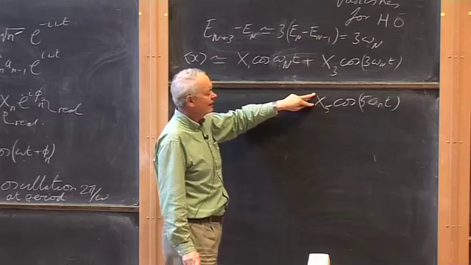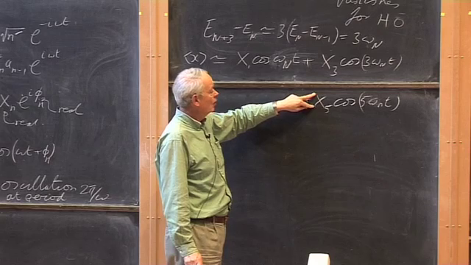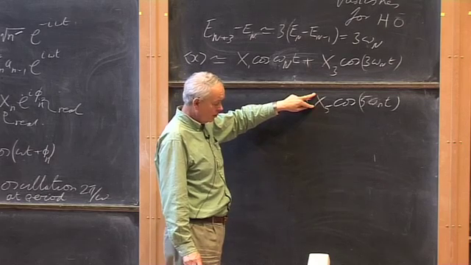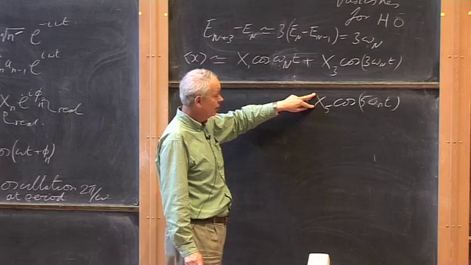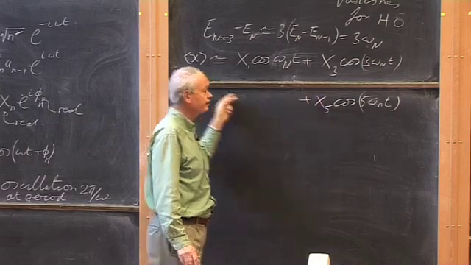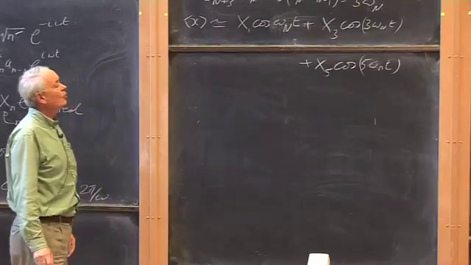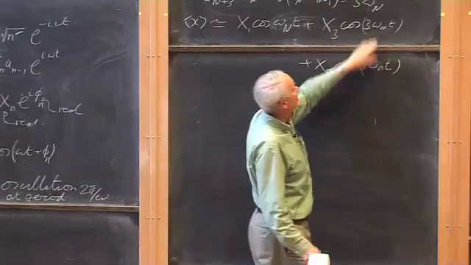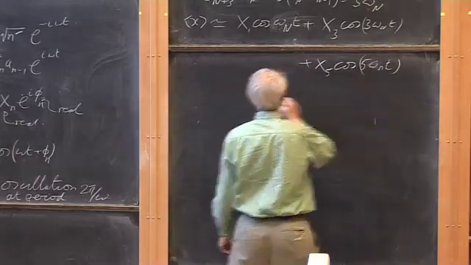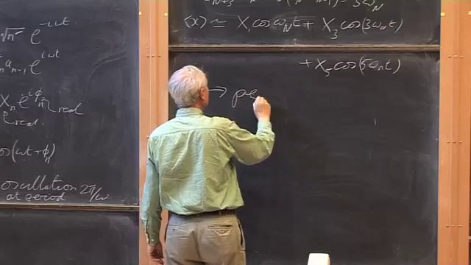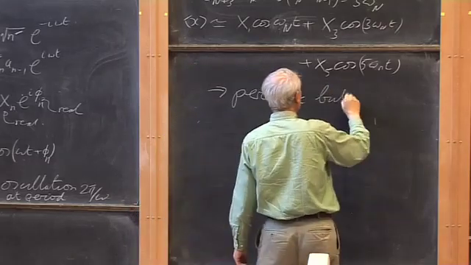And this will contain things like a_{n+5}. But we will have these other frequencies present, and this is what leads to, so this series implies periodic motion, but anharmonic motion.